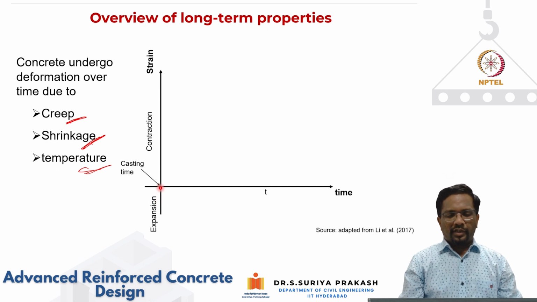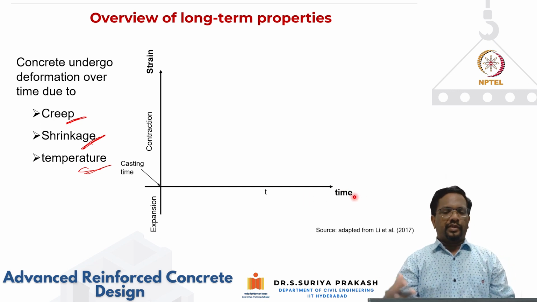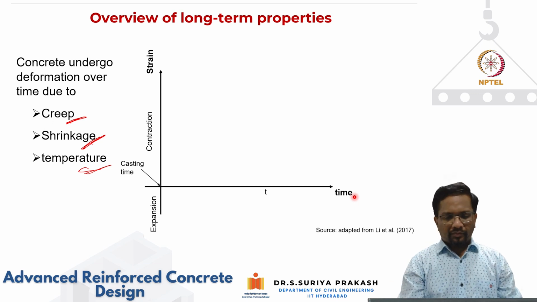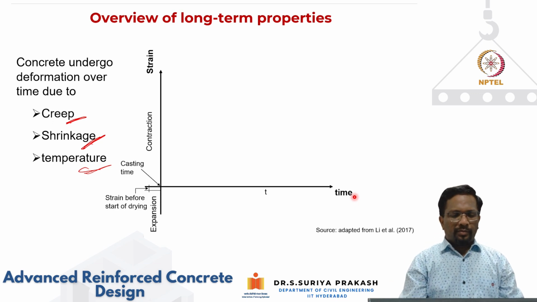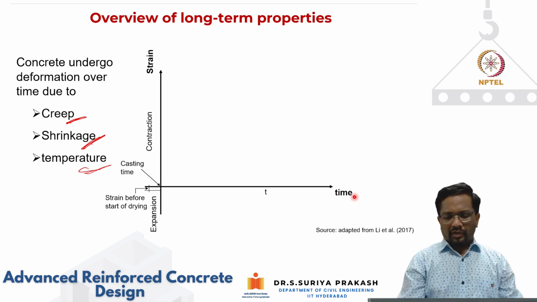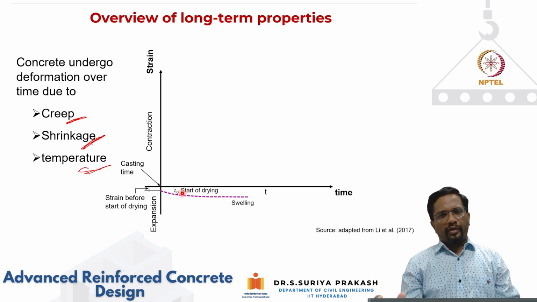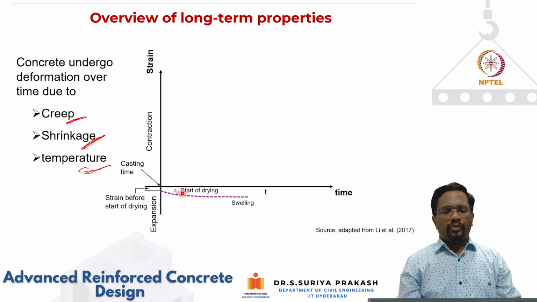So this is the time when we are doing the casting, and as the time evolves, which is represented in the x-axis, we will see how different strains are evolving over a period of time. There may be some strain before the start of drying, and then as soon as you start drying, that means you have stopped curing, moist curing, and then you let it.